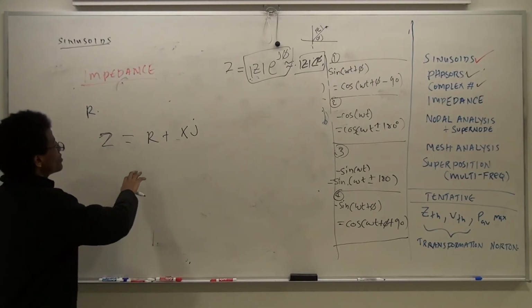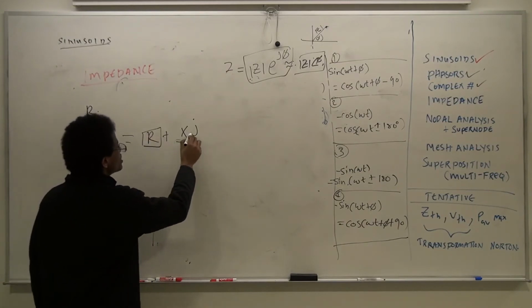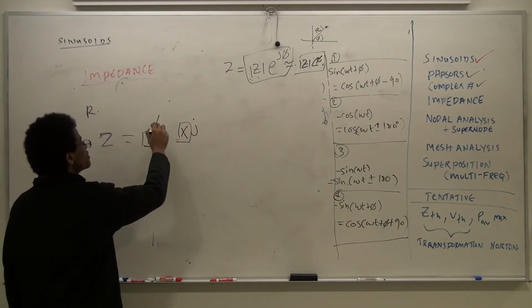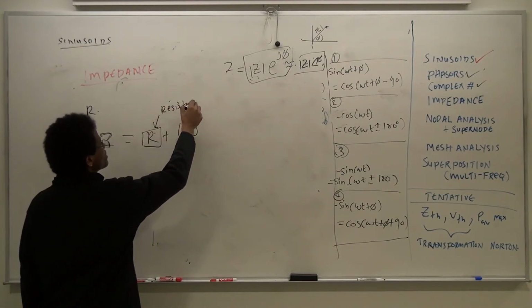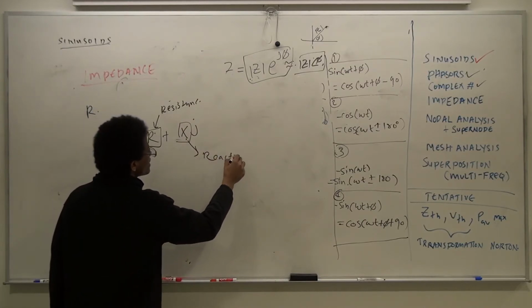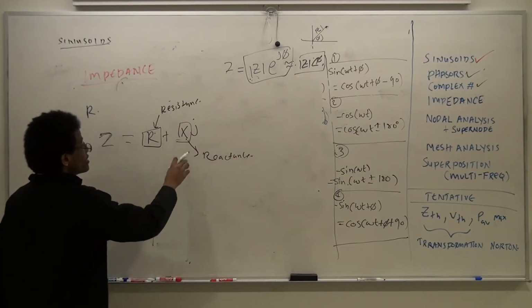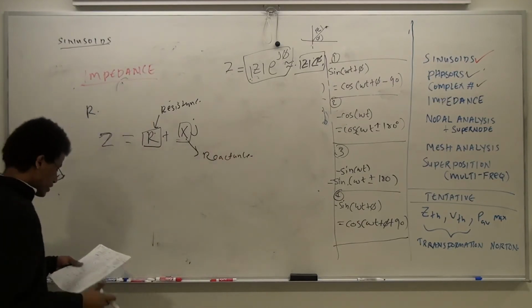And the question is, what's R? R and X are real numbers. R, as you guessed, is resistance. But what's X? X is something called reactance. So the imaginary component of impedance is called the reactance.